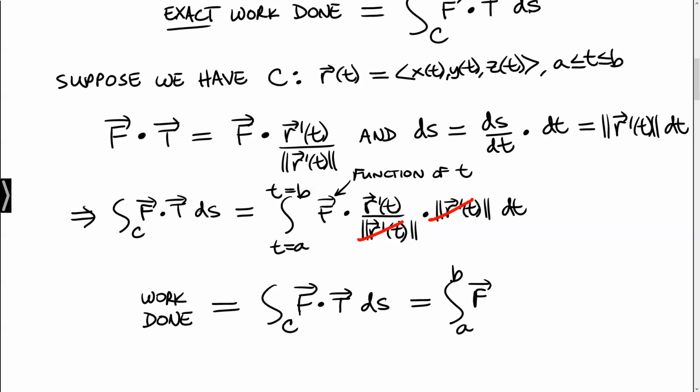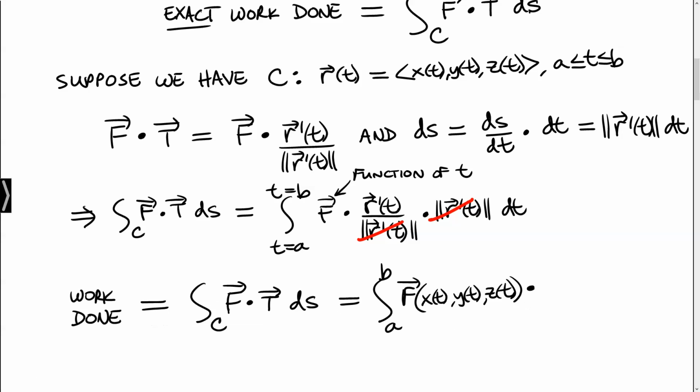So it's really like f of x of t, y of t, z of t, dotted with, I need to move this all over, r prime of t. Now, r prime of t, we'll see later, I'm not going to write it out now, but of course it's x prime of t, y prime of t, z prime of t. So here it's r prime of t dt.